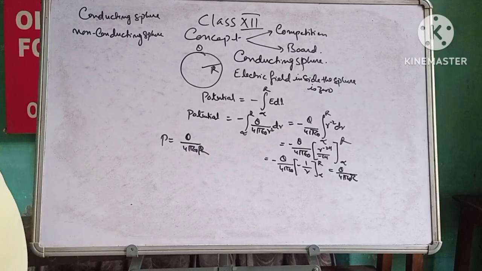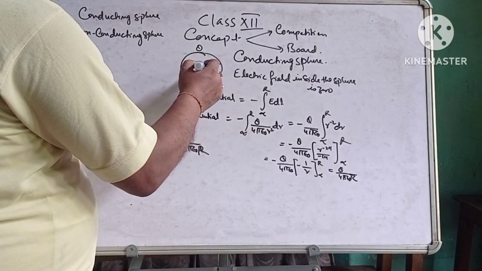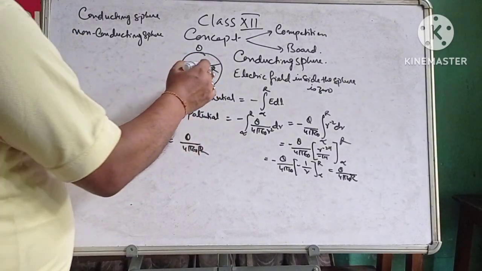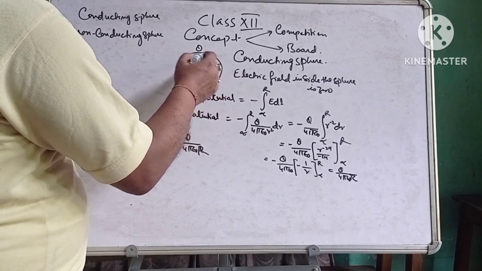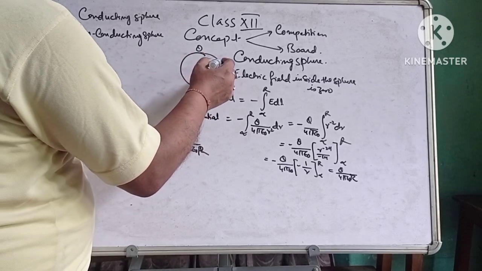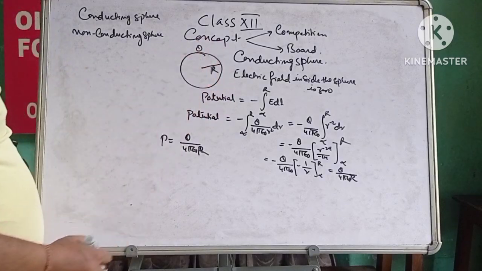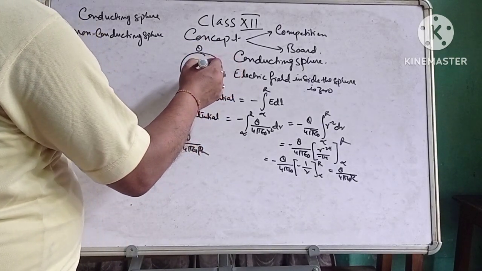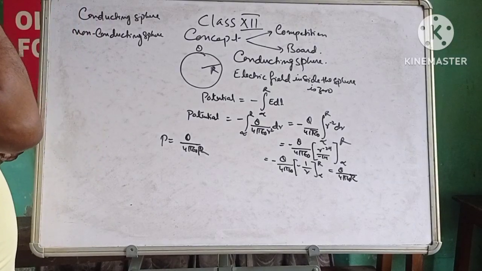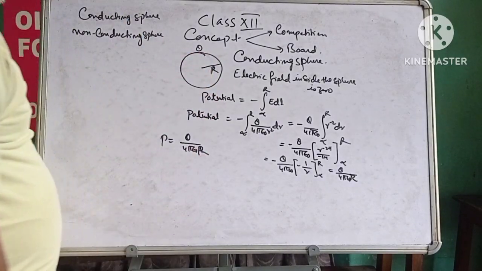But the potential inside is not 0. Here the potential everywhere inside the sphere is the same as that on the surface. So no work is done to move a charge from the surface to the center or anywhere inside the sphere.